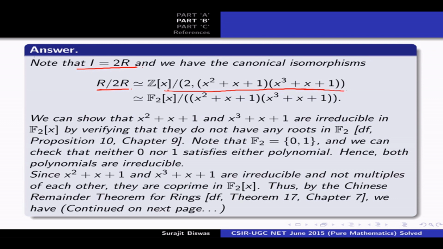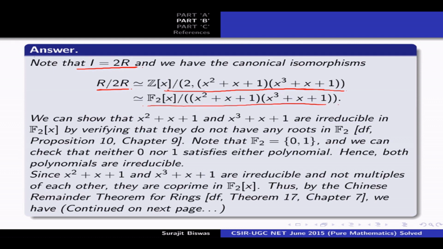When we take modulo 2, it is naturally isomorphic to F2[x], where F2 means the set {0, 1} with the natural multiplication and addition structure. So it is isomorphic to F2[x] modulo this polynomial.